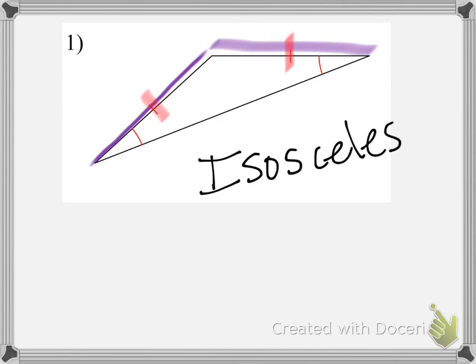The angles that are directly across from the side corresponds to that angle. So here, if we're looking at this side here, the angle that is directly across is the one that corresponds. So that means that this angle here is also going to be congruent to this angle here.